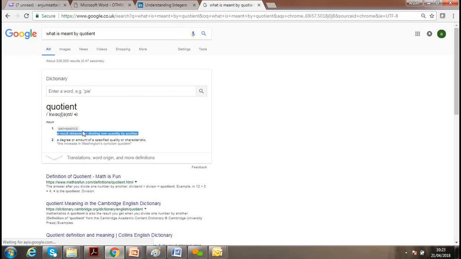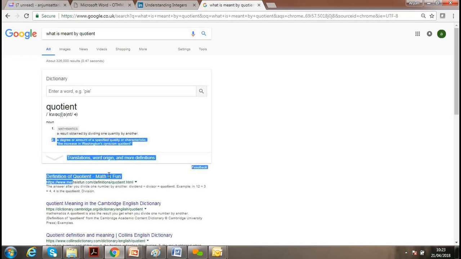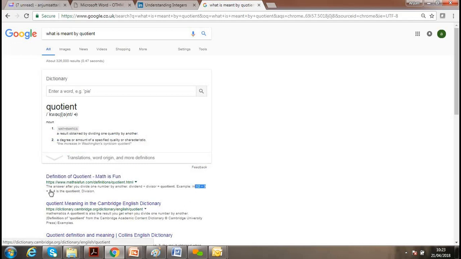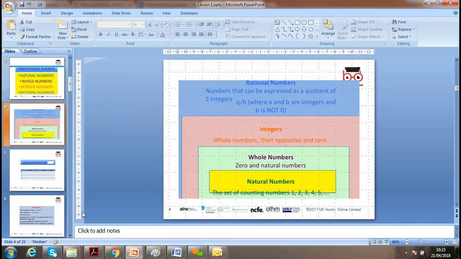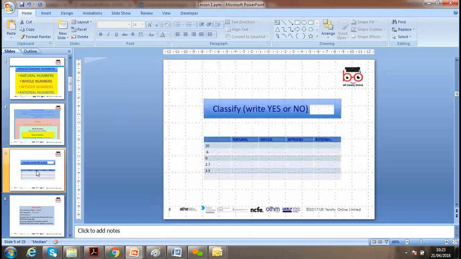It could be expressed as a decimal as well, right? So here, 12 divided by 3, we get 4. It could be a decimal as well. We're not going to use this a lot, but it's good to know the difference. Okay. Next, 2.7.